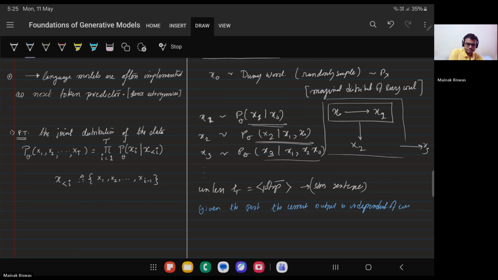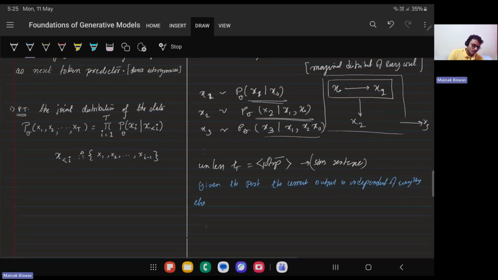So let's try and do that. Let p(x1 to t) be a t-length sequence. I'll write p of xt given x t minus 1 down to 0, multiplied by the probability of x t minus 1.